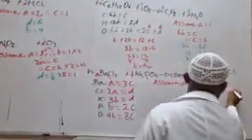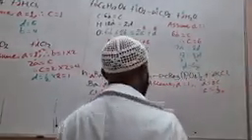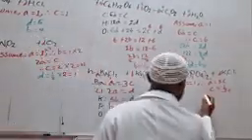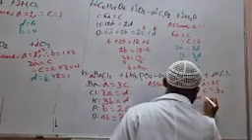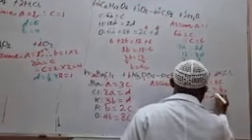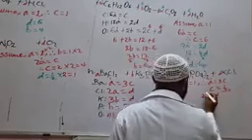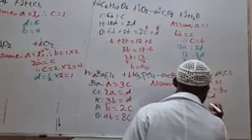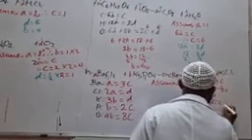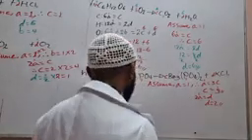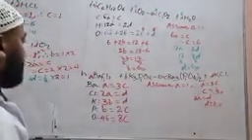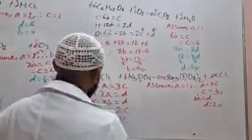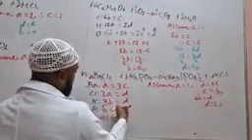Here we have 2A is equal to D. A means 1, 2 times A is 2, therefore D is equal to 2. Here, 3B is equal to D.